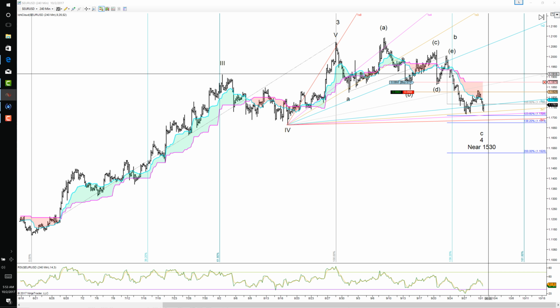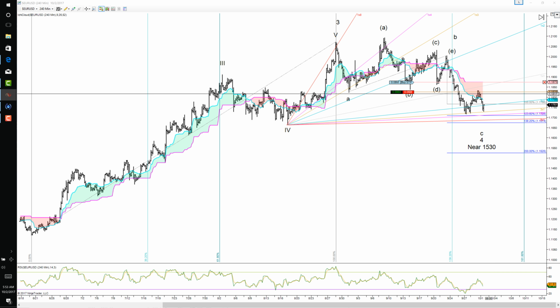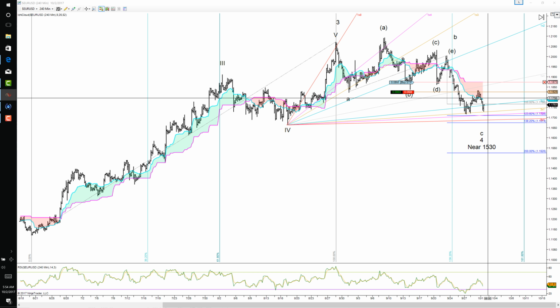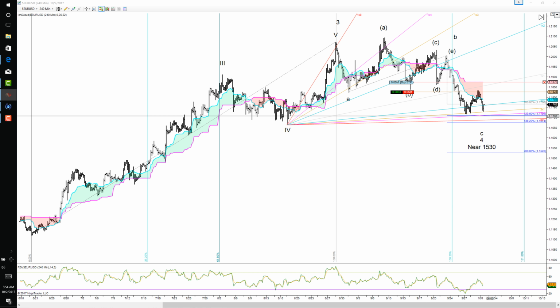Or I would move my stop loss up and take a couple of pips off the table, and then wait. But I'm expecting price eventually to break 1728, and that will be the next sell signal.